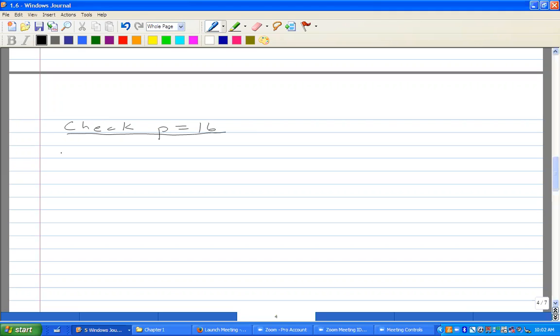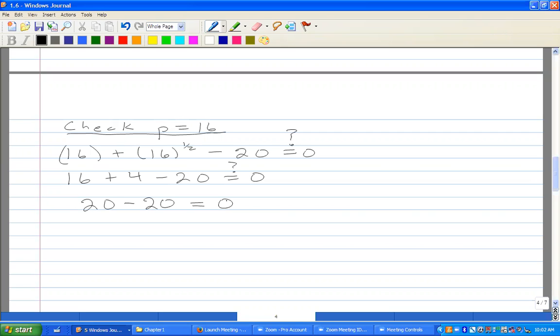So p plus p to the 1/2 minus 20, is that equal to 0? Well, the square root of 16 is 4, so 16 plus 4 minus 20, which is 20 minus 20, is indeed equal to 0.